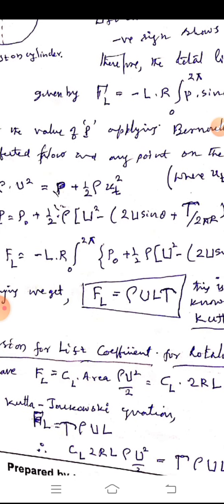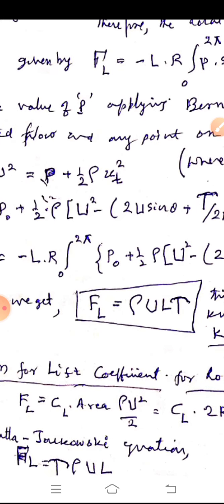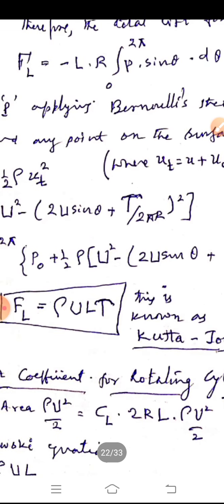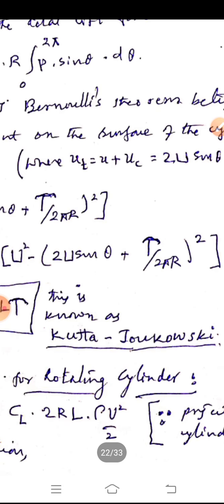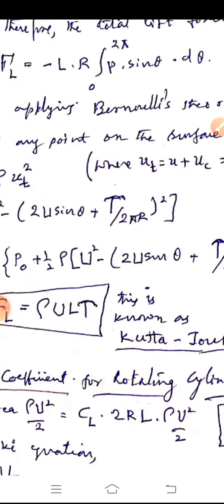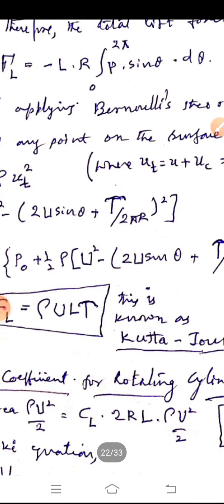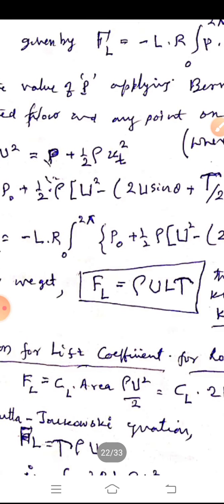Thereby, from Fourier series, if you simplify this equation, we will get the lift force equal to rho U L circulation. This is known as the Kutta-Joukowski equation. This equation can be used in various applications to find the lift force on aerofoils, turbines, pumps, etc. That will come in future classes.